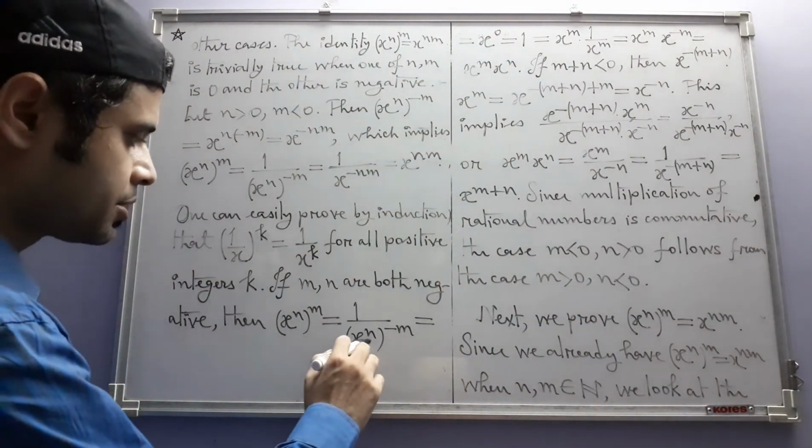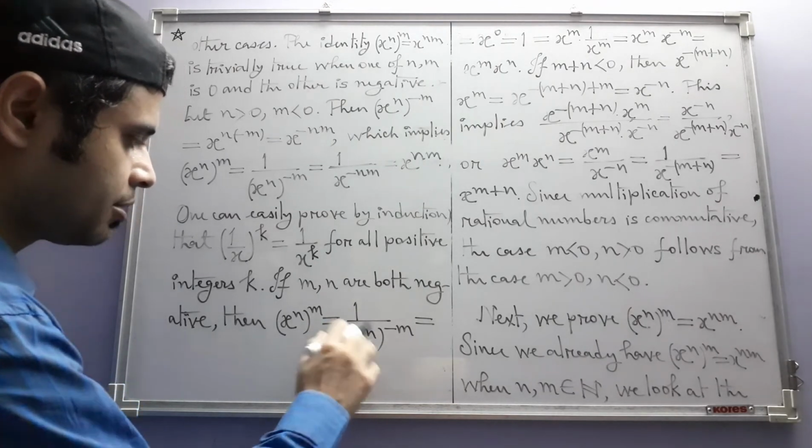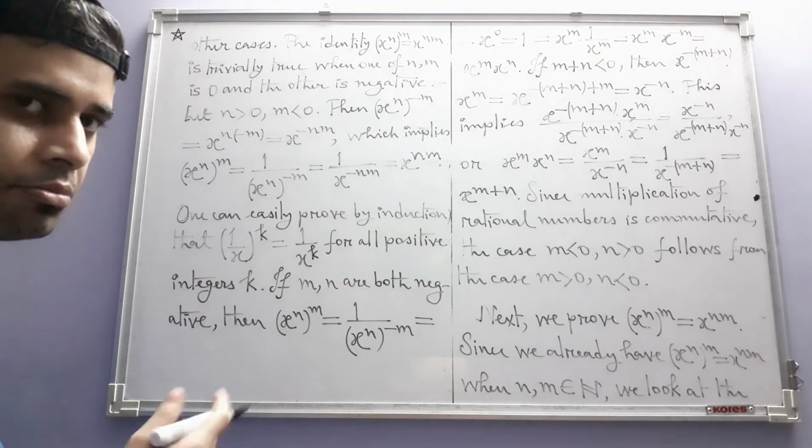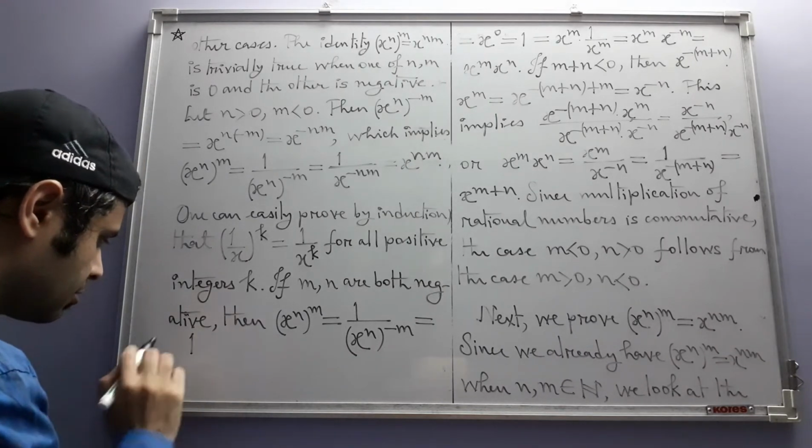Now we impose the definition of x to the power n, because n is negative. Doing that gives us this.